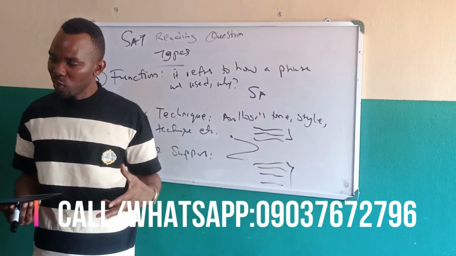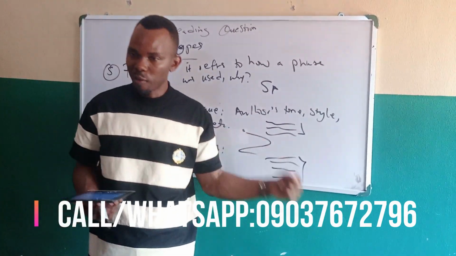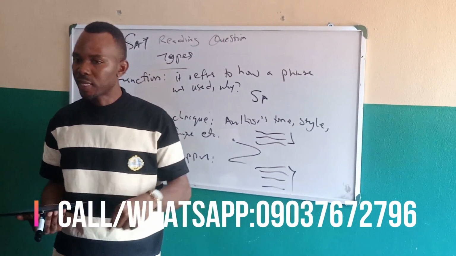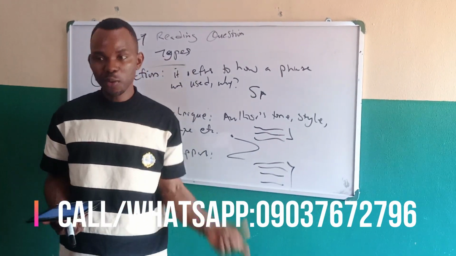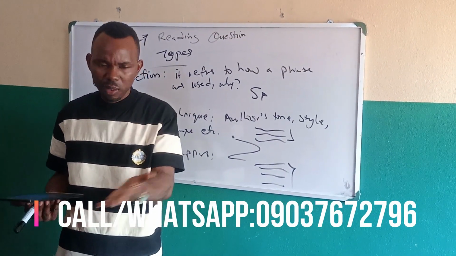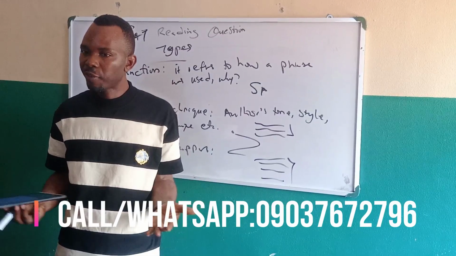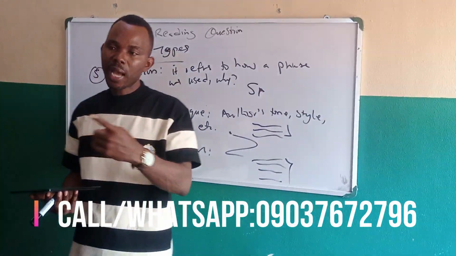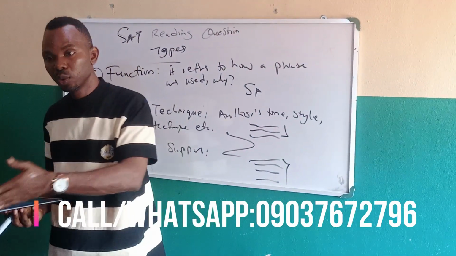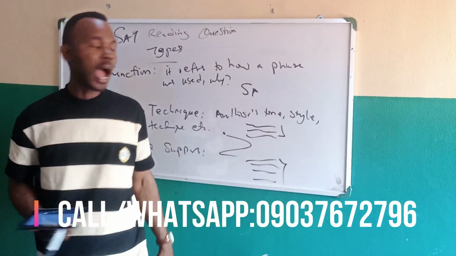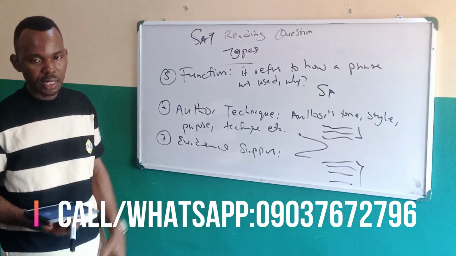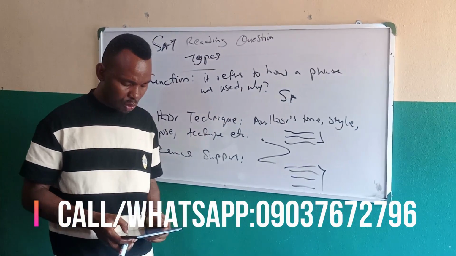So what are they doing? Logically, they are connecting question 4 and 5 together. So if you choose the right answer in question 4, it's going to be easier because they are simply asking you, why do you choose the answer you chose? So you just identify it and then you see it. That can also be a guide to you to make sure that whatever you choose, in both answers are correct. So that is why it's called evidence support. All right, it's tied to a previous question.